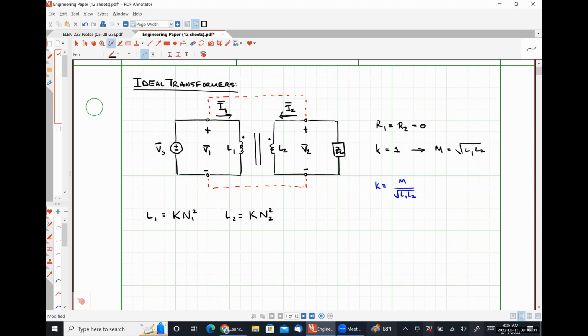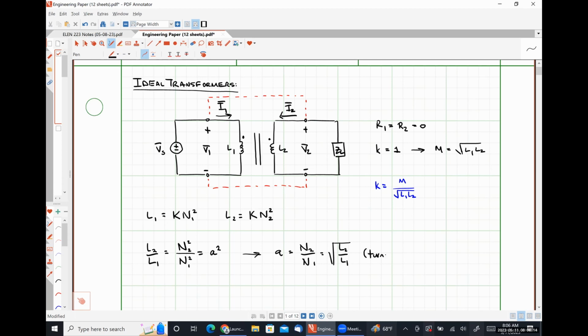Okay. So I could express the ratio of L2 divided by L1 as the square of the turns in inductor 2 divided by the square of the turns in inductor 1, and I'm going to call this A squared. So A would then be simply the ratio N2 to N1, or the square root of L2 over L1.